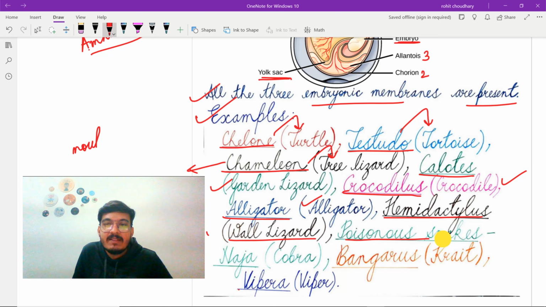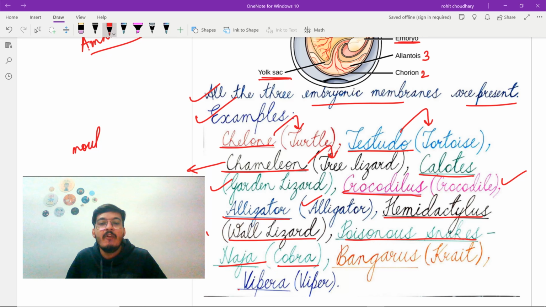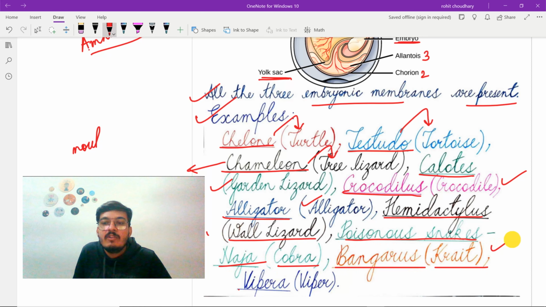Then come poisonous snakes. The first one is Naja, cobra. Naja naja, also known as Indian cobra, and the venom of Naja naja is neurotoxic. Bungarus is also a poisonous snake, commonly known as krait, and its venom is also neurotoxic.